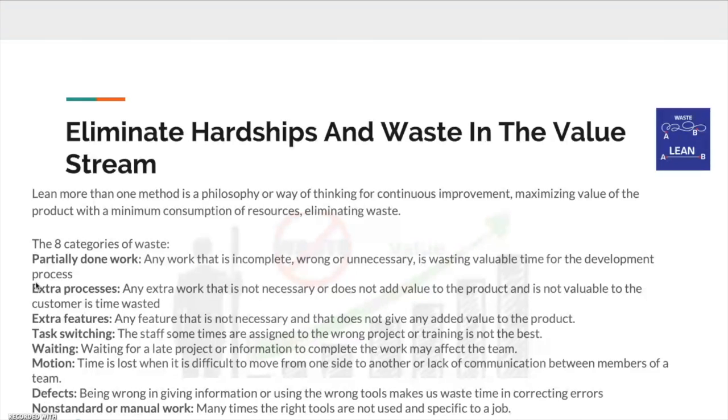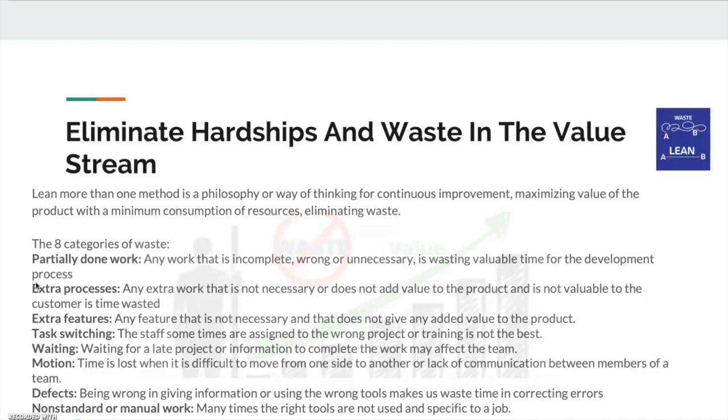Any feature that is not necessary and doesn't give any value to the product is a waste. Task switching. The staff sometimes are assigned to the wrong project or the training is not the right one for what they will need. Waiting for the late project or information to complete the work may affect the other parts of the team.